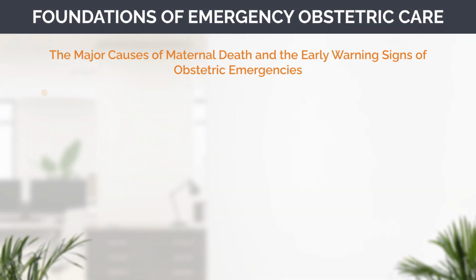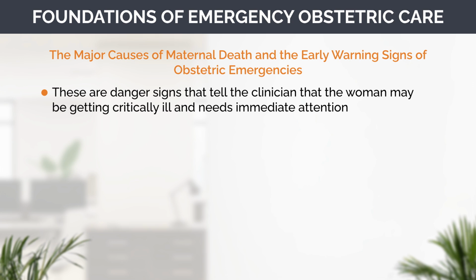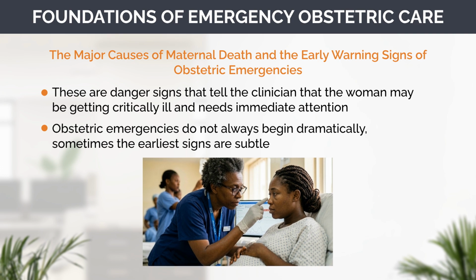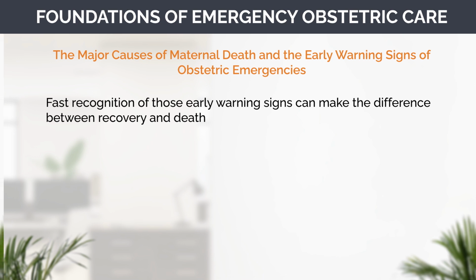In simple terms, these are danger signs that tell the clinician that the woman may be getting critically ill and needs immediate attention. Obstetric emergencies do not always begin dramatically. Sometimes the earliest signs are subtle. Fast recognition of those early warning signs can make the difference between recovery and death.